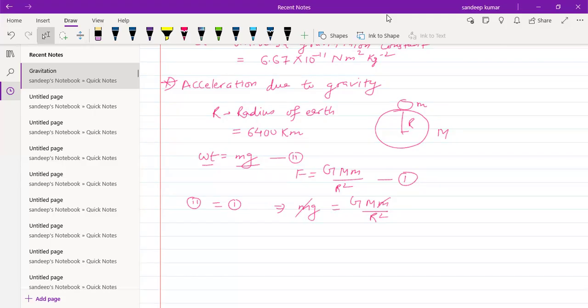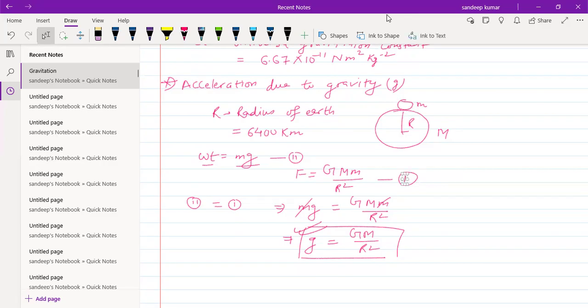So small m gets cancelled, and we can write small g is equal to capital G, capital M by R square. This is the relationship between small g and capital G, where small g is the acceleration due to gravity and capital G is the universal gravitational constant.